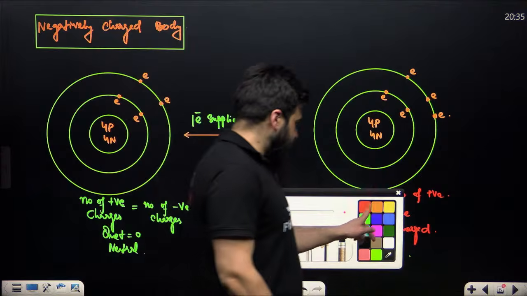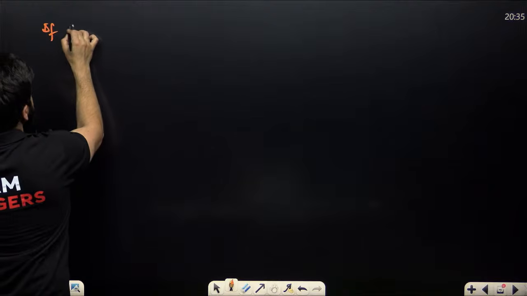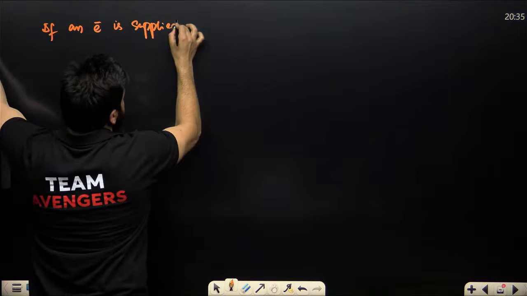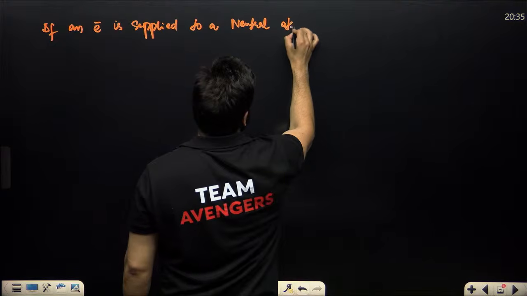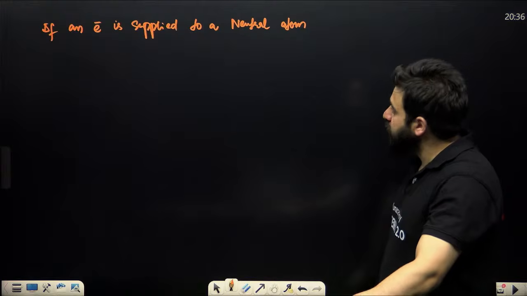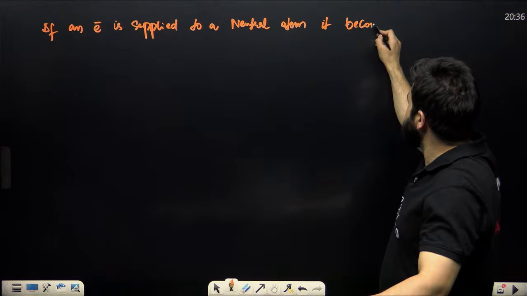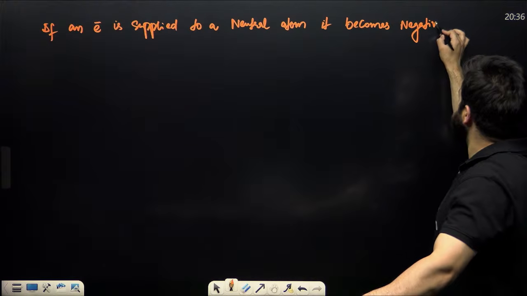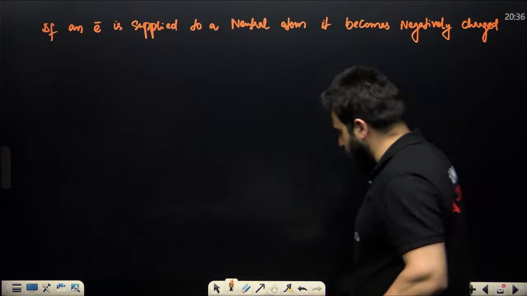So how do we actually define this? We define this, my dear NEET aspirants, if an electron is supplied to a neutral atom, it becomes negatively charged.